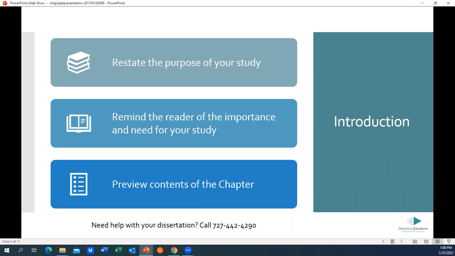ProQuest publishes dissertations, but get a dissertation from your school close to what you're doing as an example, right, to see what people have done in some of these sections, how they've handled it. So that's always a good idea. But again, get the template, if your school has one, because that will tell you exactly what they're looking for as far as sections go and what should go into the sections.